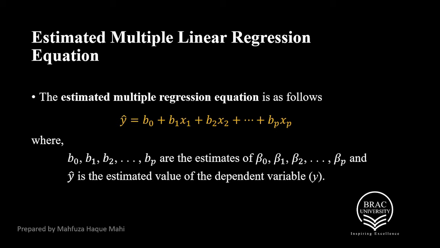The estimated multiple linear regression equation is y hat equals b0 plus b1 x1 plus b2 x2 plus up to bp xp, where b0, b1, b2 up to bp are the estimates of beta 0, beta 1, beta 2 up to beta p. And here y hat is the estimated value of the dependent variable y.